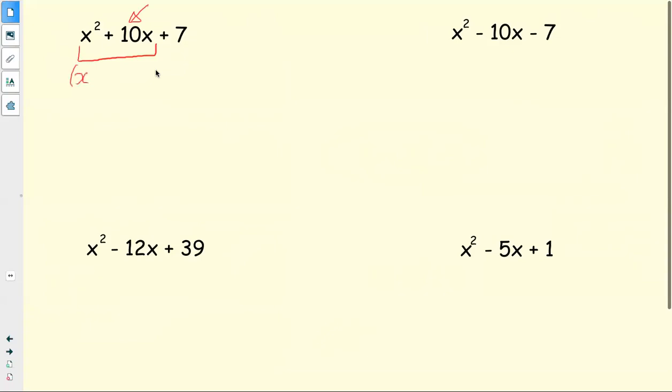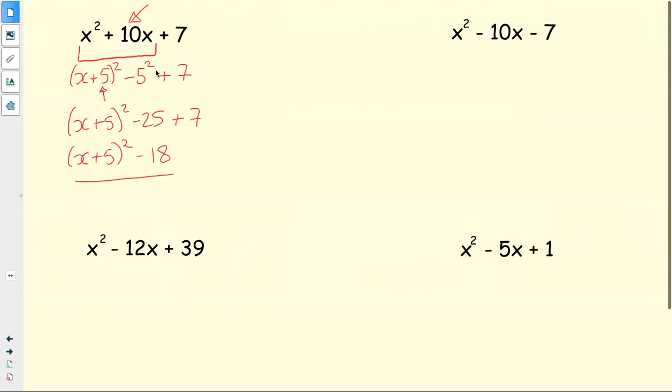So you're doing x add 5 all squared, take away that number there squared, take away 5 squared, and then I'm adding on that extra 7 at the end. So it's going to be x add 5 all squared, take away 25, add 7, which is x add 5 all squared, take away 18. Final answer.